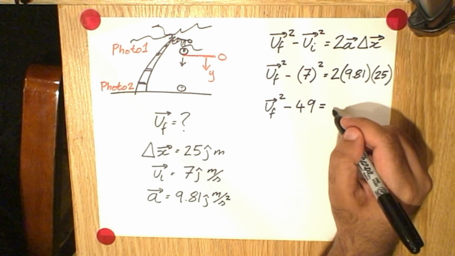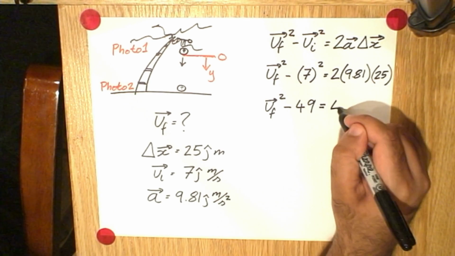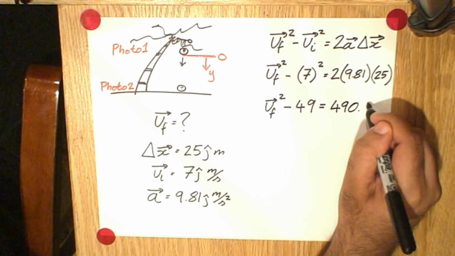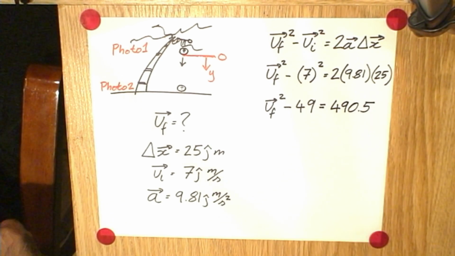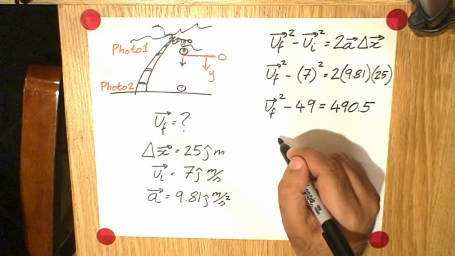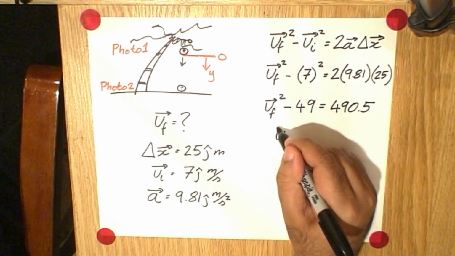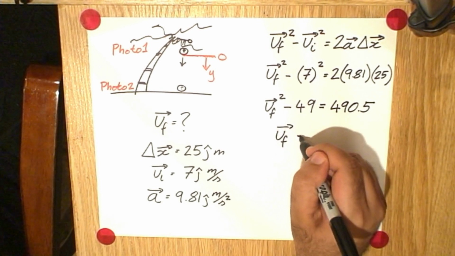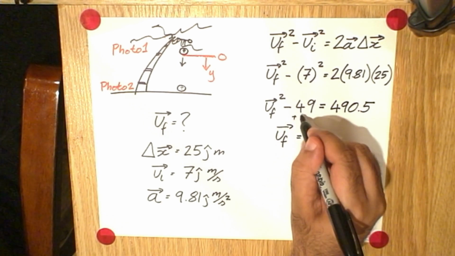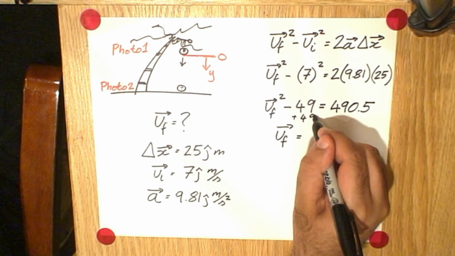That's going to work out to 490.5. Let's continue. Let's isolate V final. V final is equal to, to isolate it, we can add the 49 to both sides.